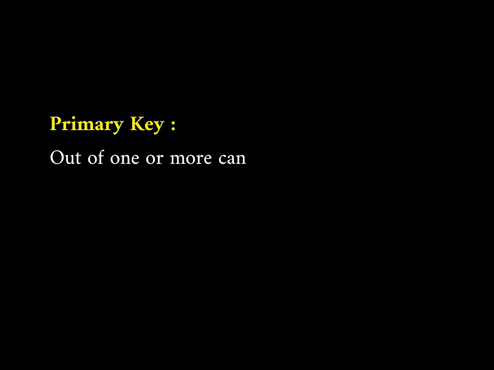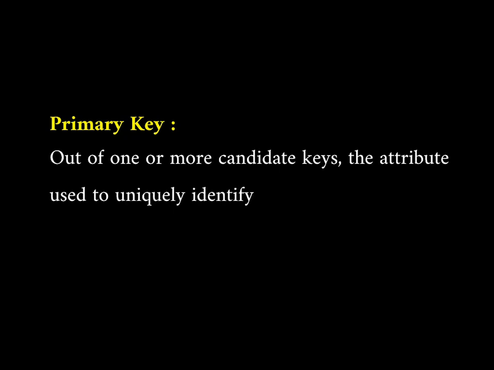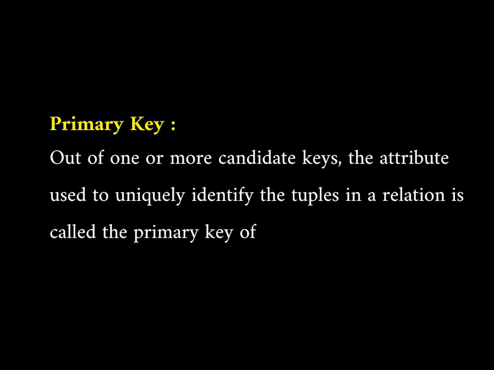Out of one or more candidate keys, the attribute used to uniquely identify the record in a relation is called the primary key of that relation. In a table, to find a particular record, we need to set a primary key in the relation, so we can easily identify the record.